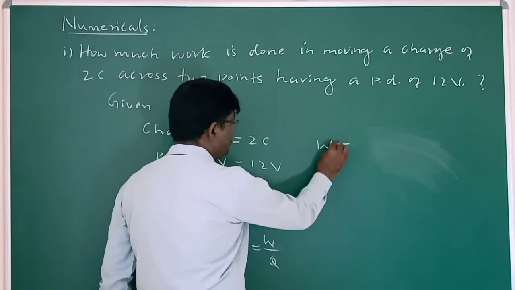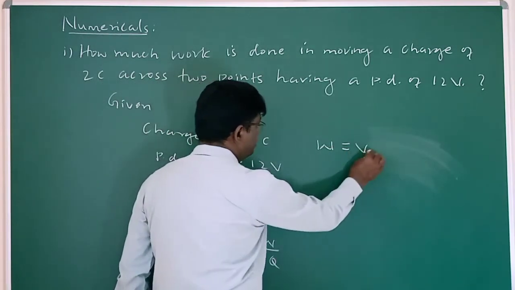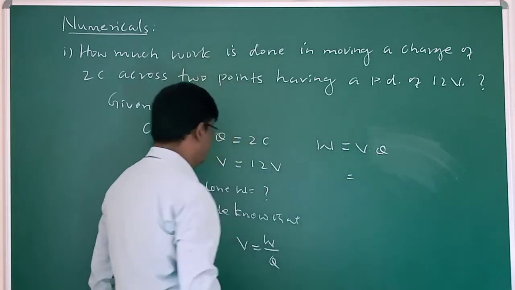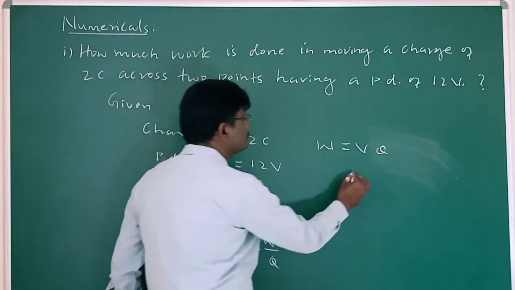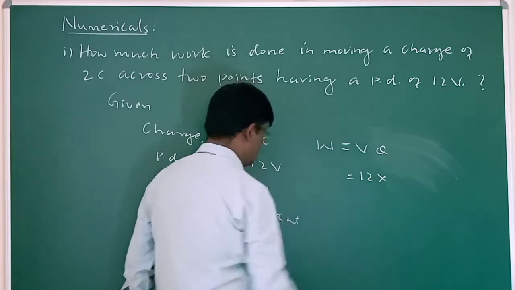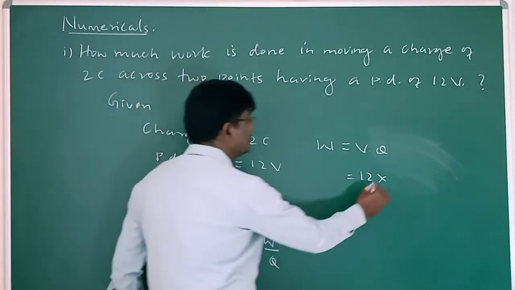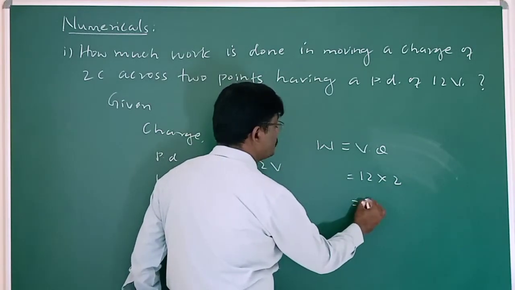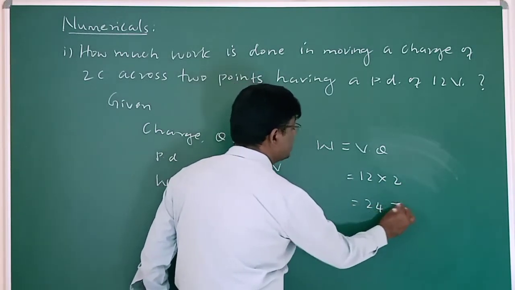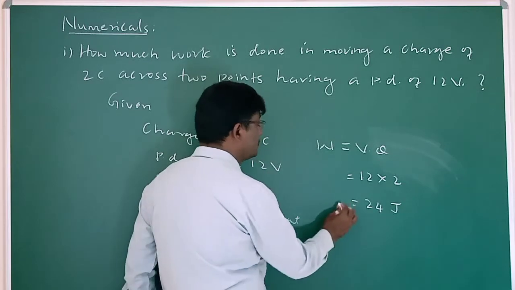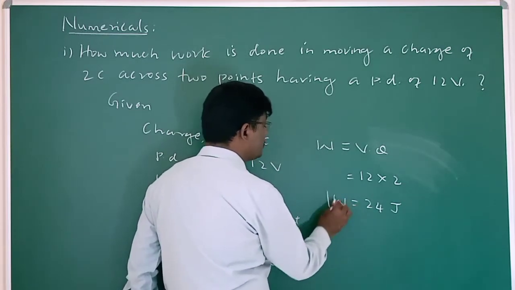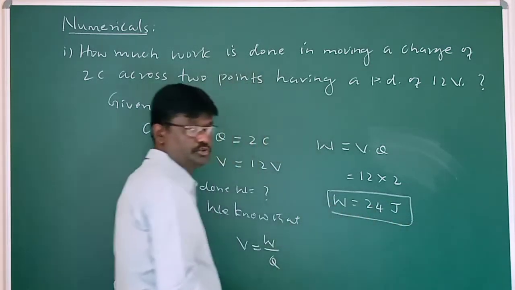Therefore, W equal to V into Q. V is 12 into, what is Q? Q is 2. 12 into 2 is 24. Work done. The SI unit of work done is joule. Hence, work done W equal to 24 joule.